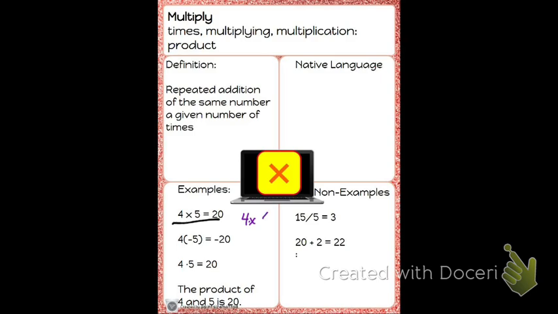Or maybe 4B would mean 4 times whatever B is. So sometimes for multiplication, we don't see an operator if a coefficient, that's a new word that we'll be getting, is next to it. We might also see the parentheses.